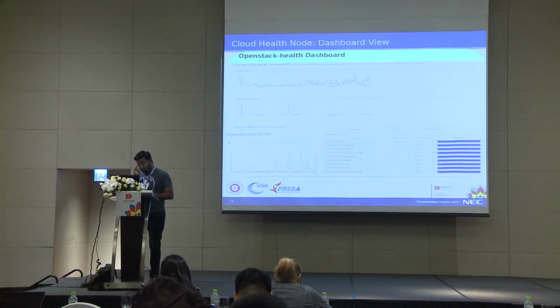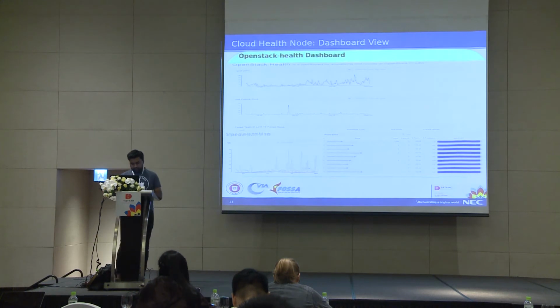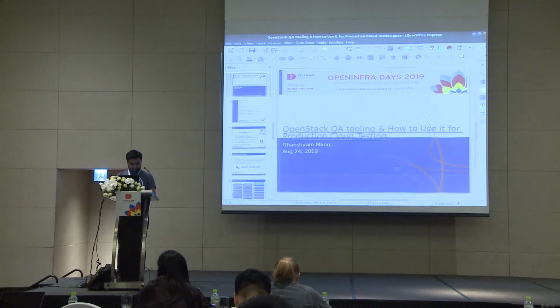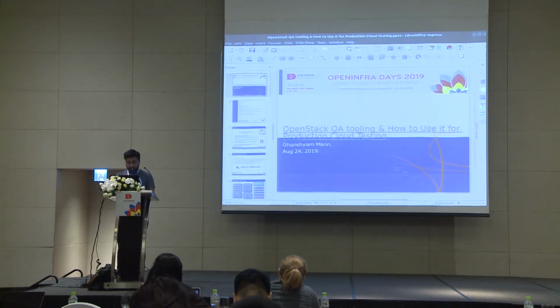So this is how the OpenStack Health dashboard looks like. So this is a screenshot. I will open up a live dashboard of that. So that dashboard is running on our gate. So for every OpenStack commit, a set of test cases runs, and we have more than 1,000 gate cycles per day.